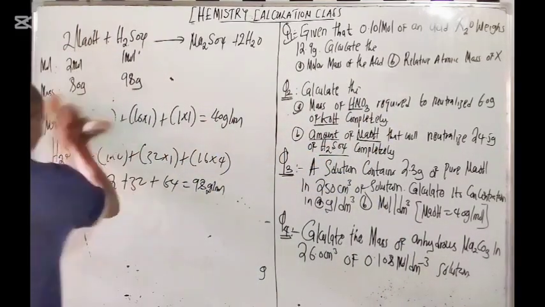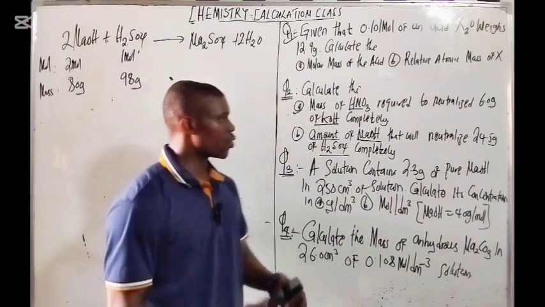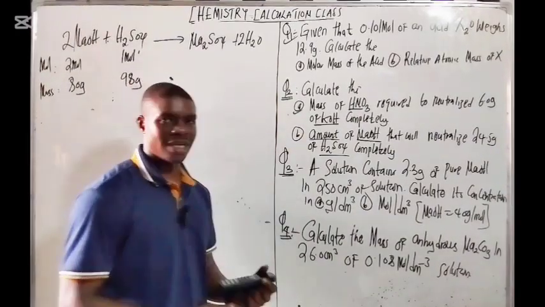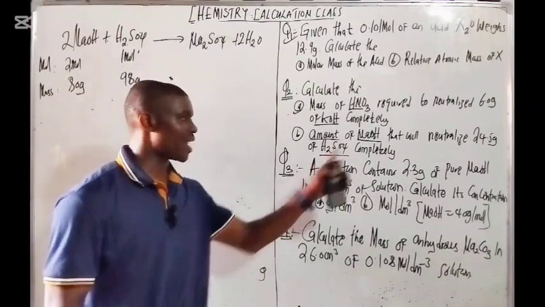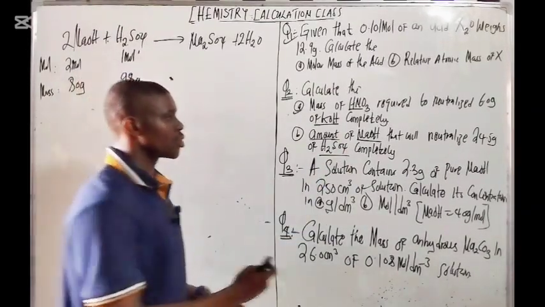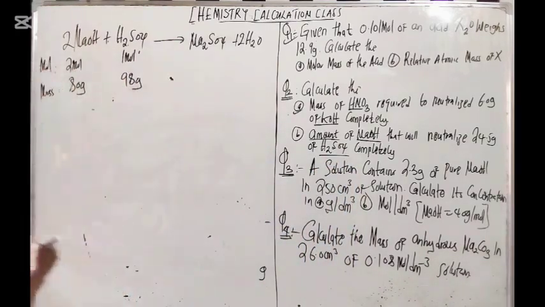So now look at the relationship here. We have to get the relationship from what the equation gives to us. They say the amount of NaOH here. Like I said, amount means mole. So they ask you to calculate the mole of NaOH that neutralizes 24.5 grams of H2SO4 completely.